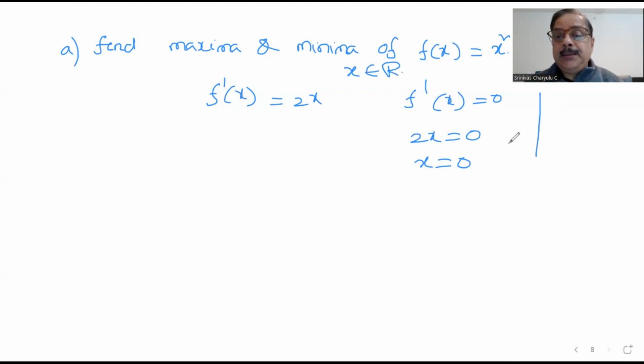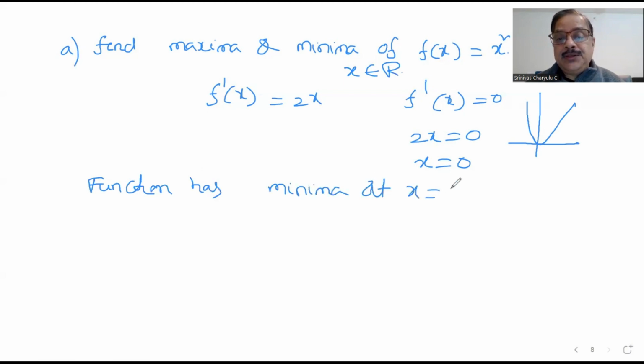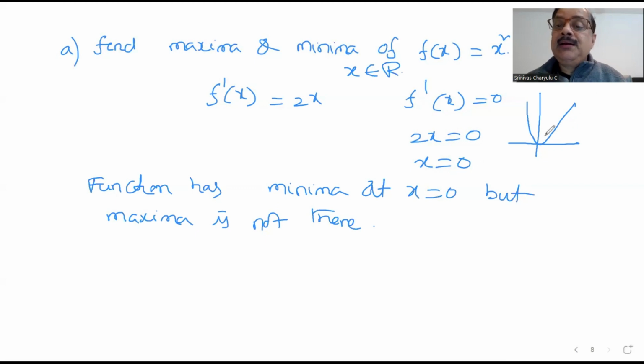So if you see clearly, this function looks like this. What is this meaning now? Function has minima at x is equal to 0, but maxima is not there. Why? Because the interval they have given is x belongs to R. So the function is never ending, it will go upwards.